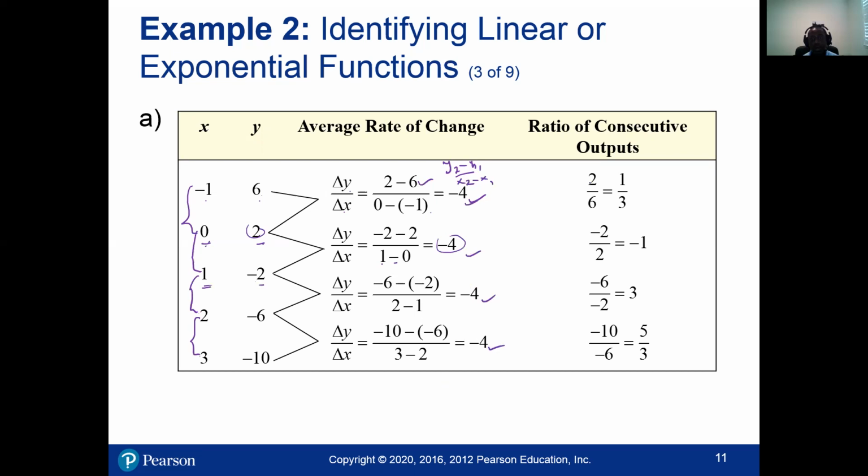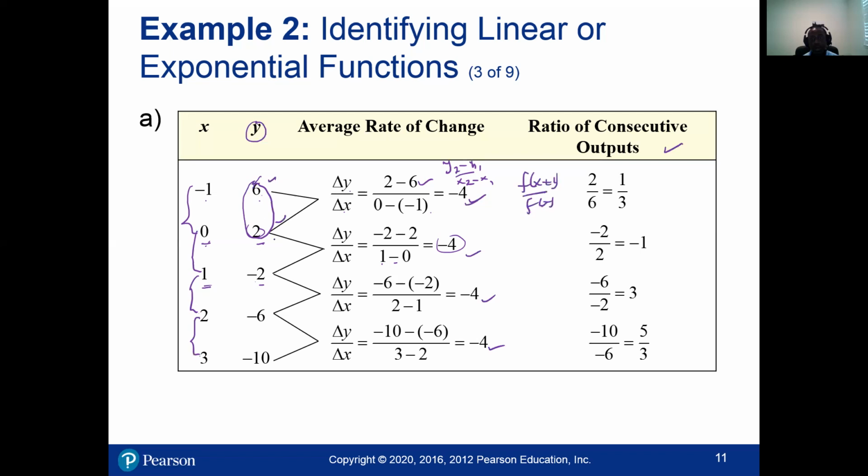Okay. Now let's look at the ratio of the consecutive outputs. So we are dealing with only the y values for this one. That's the outputs. Between 6 and 2, this is the first one, this is the second one. So it will be f of x plus 1 over f of x.